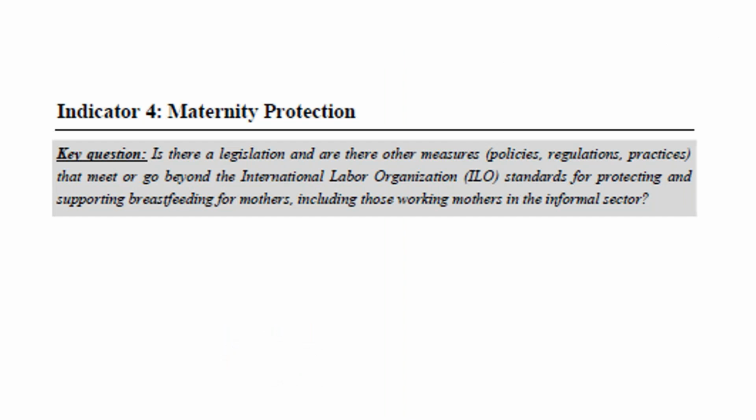Indicator number 4 is about maternity protection. And this indicator asks the question, is there legislation or other measures, policies, regulations, practices that meet or go beyond the ILO standards for protecting and supporting breastfeeding for mothers, including those working mothers in the informal sector?